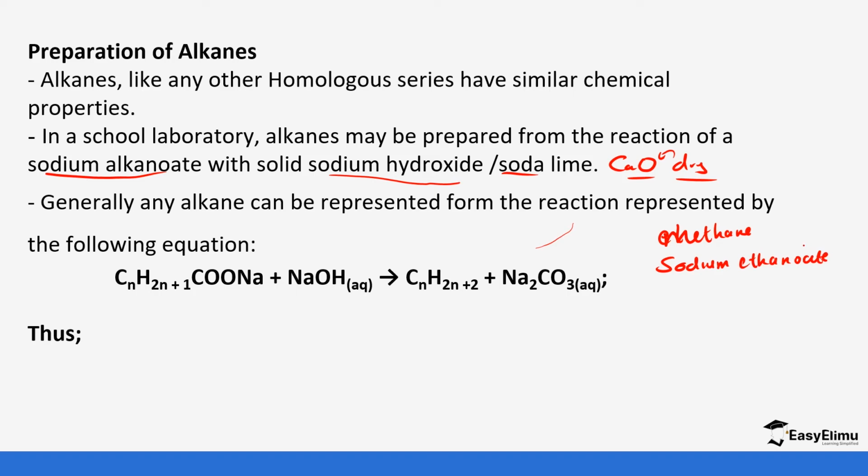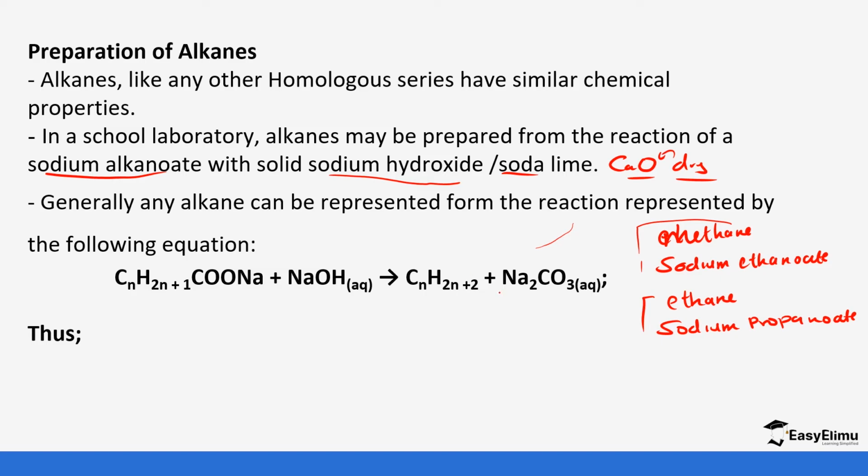If we want to prepare ethane, we are going to use sodium propanoate. So you can see how we move from one preceding to the other. So that's how we usually do it.